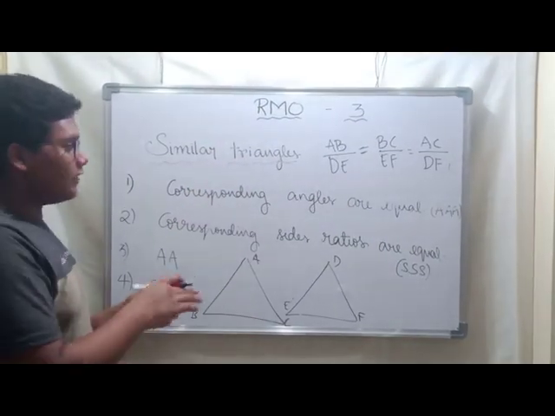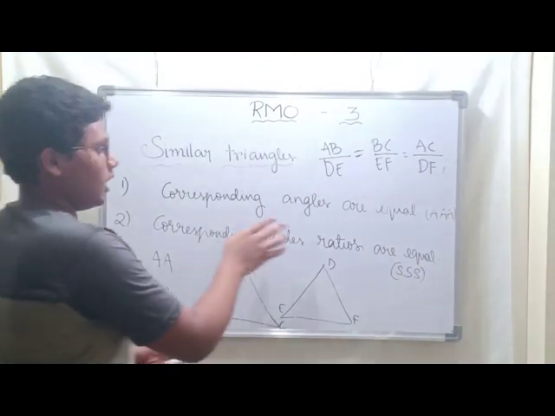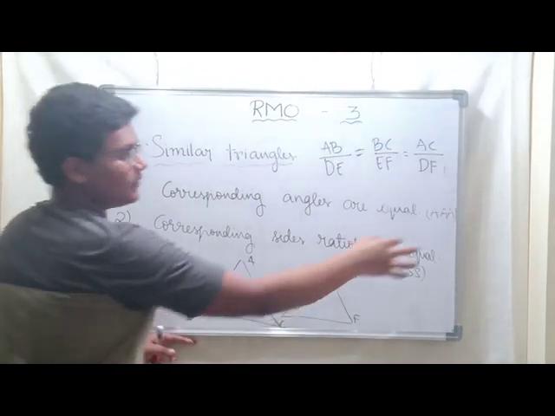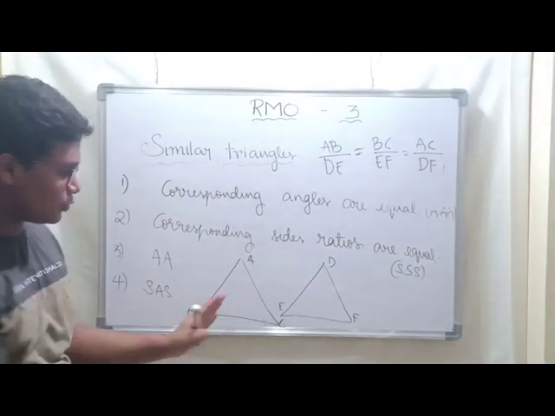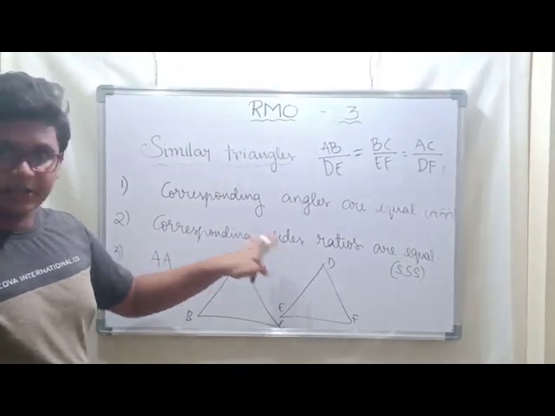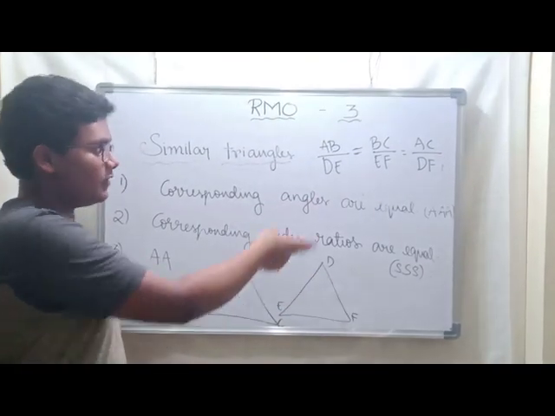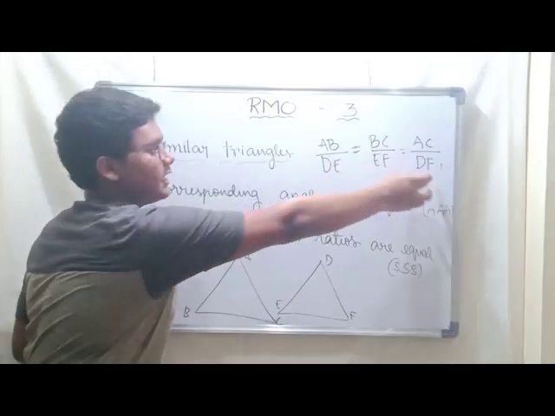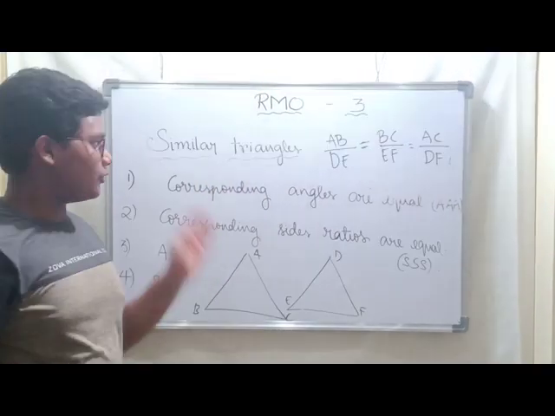If these two triangles are similar triangles, then their corresponding sides ratios are equal. Vice versa, if these three ratios are equal, then those two will be similar triangles.